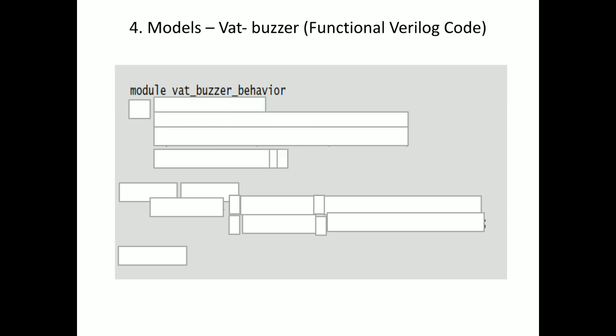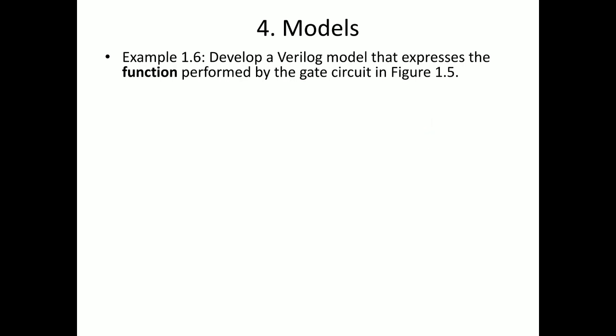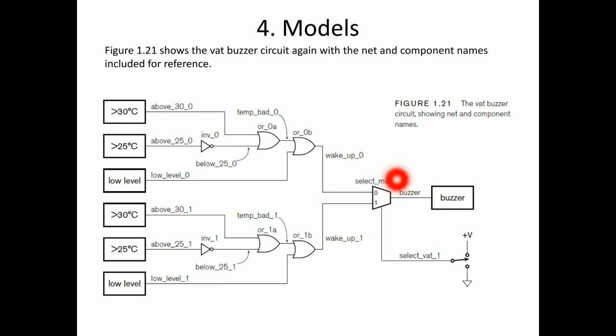Just a minute. See, what was the functional way? We are writing Verilog code for the multiplexer. This is a select multiplexer. Its outputs are wake up 0 and wake up 1. Wake up 0 is low level 0 ORed with low level 0 ORed with low level 0 ORed with temp add 0. Temp add 0 is nothing but coming from above 30 and not of above 25, right?